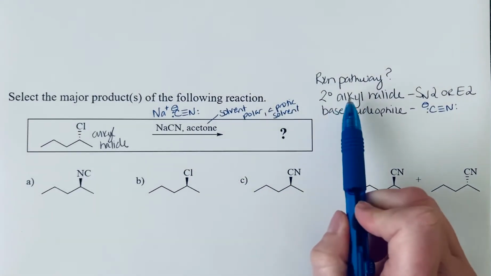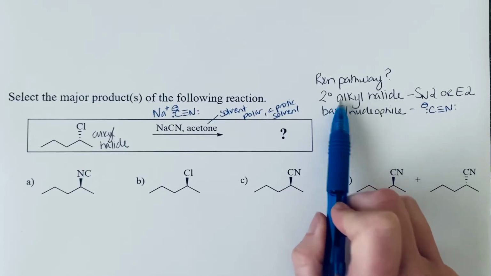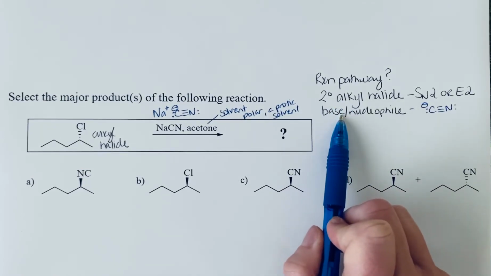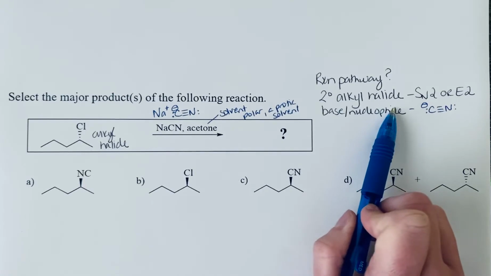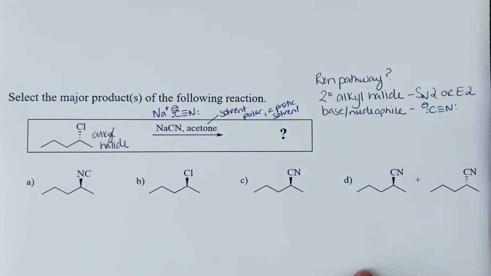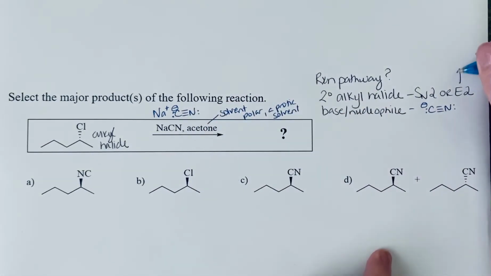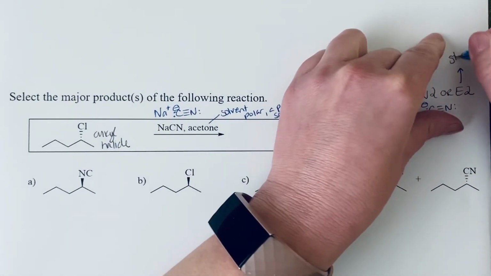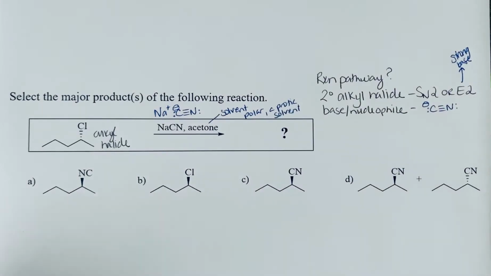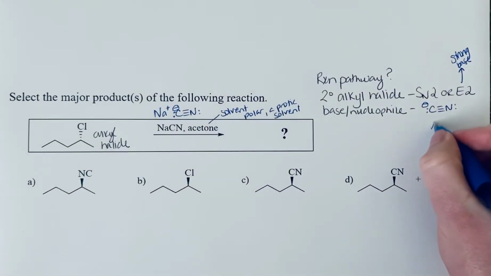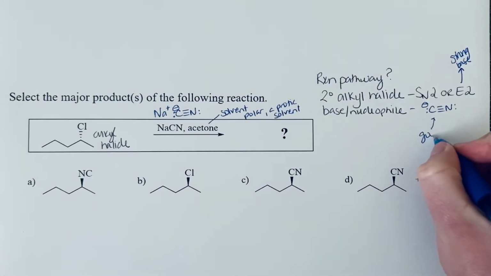What determines the pathway is the alkyl halide and what you're reacting it with. And so with a secondary alkyl halide, if you had a strong base, you would see an E2 reaction. The cyanide ion is not a strong base, but it is a very good nucleophile.